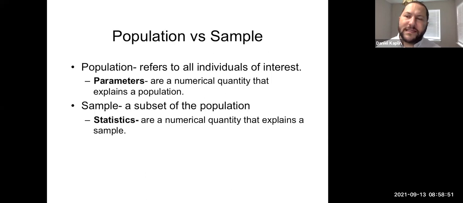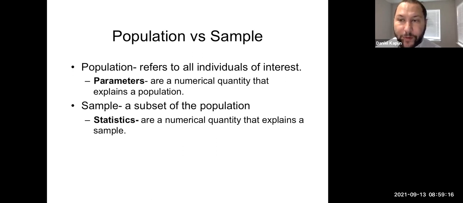Now, I think it's important to dive a little bit deeper into the language I use. I said inferential statistics allow us to draw meaningful conclusions about a population from a sample. So what is a population?